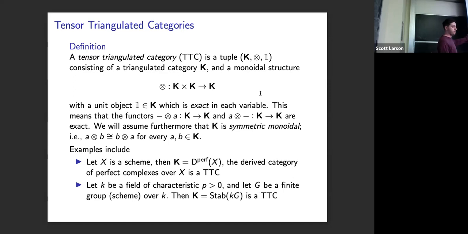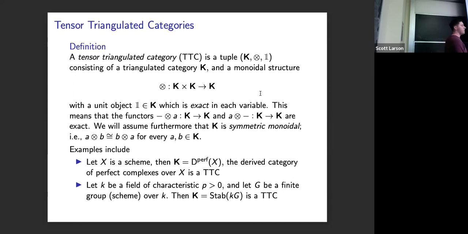So these functors, blank tensor A and A tensor blank, are exact. And furthermore, we're going to assume that our tensor triangulated categories are symmetric, so A tensor B is isomorphic to B tensor A for all objects in K.